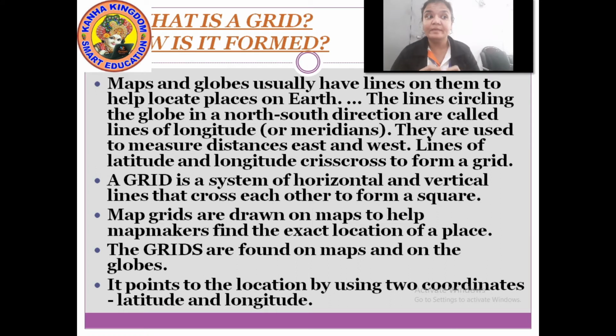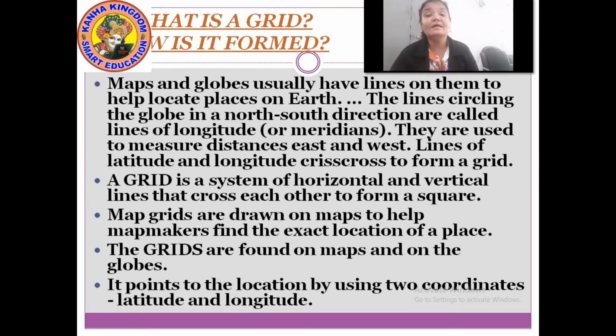Now, these grids are found on the map and on the globe, but they aren't on the Earth. If you were seeing from space, could you see these imaginary lines? No. As I have said, they are imaginary.